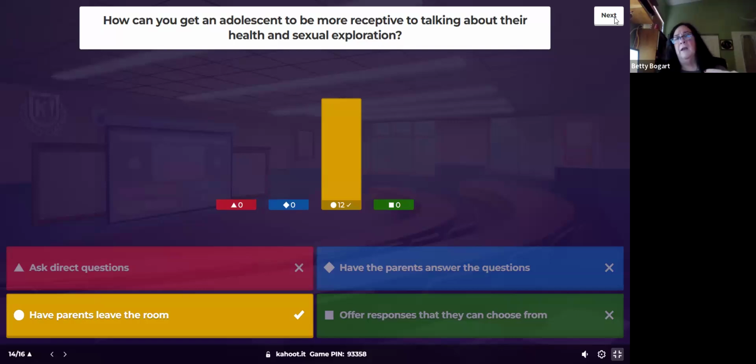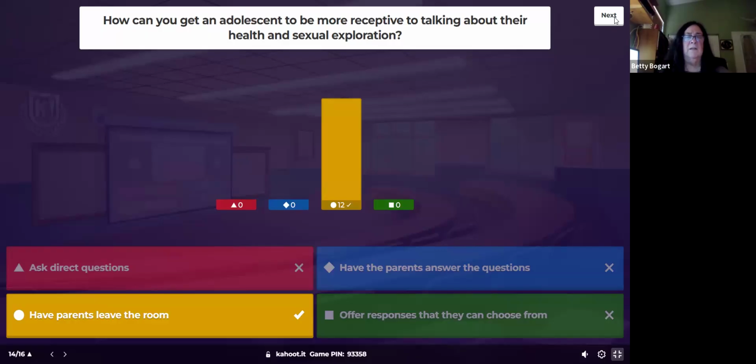I know that as a teenager, I would never talk to my parents about anything that had to do with sex, because my mother would put me in a room and lock me there forever. So when I really need to speak to an adolescent regarding things that could involve sex, having the parent leave the room, I know that will make that child feel more comfortable.